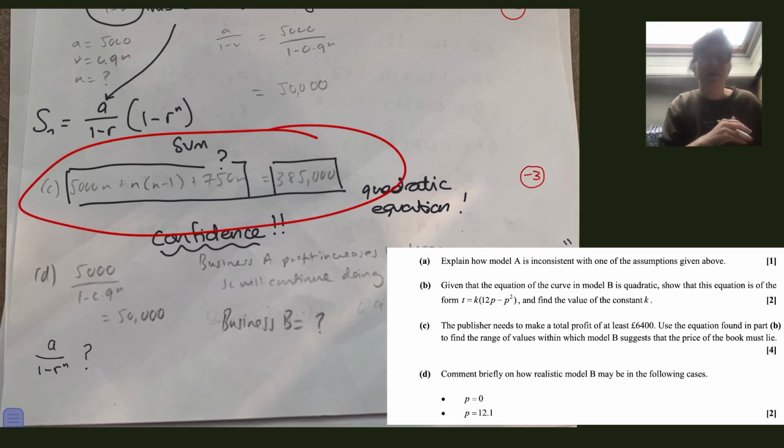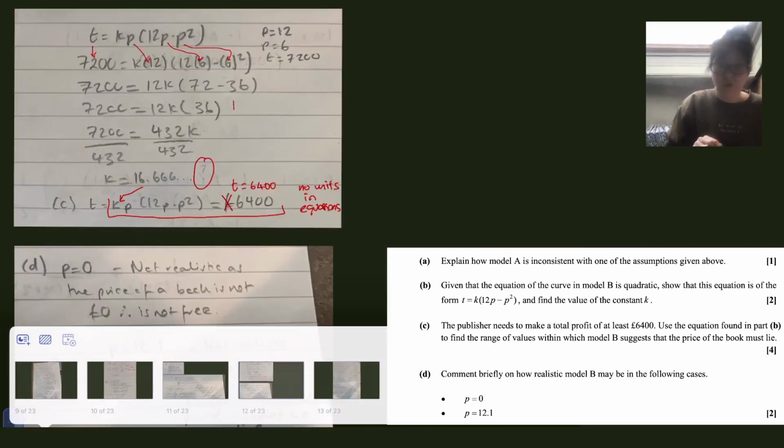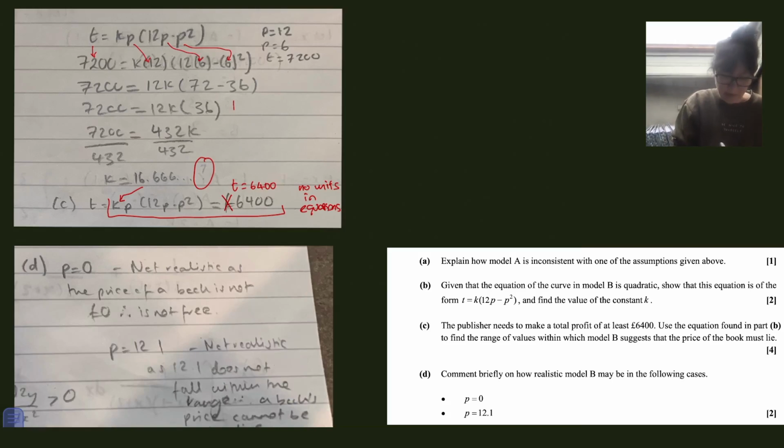Now, even if something had gone wrong before, if you'd just solved the quadratic, using the quadratic formula even, you would have picked up method marks there, possibly even 2, probably 2, because you'd get a method mark for putting the equation together properly, and then a method mark for solving it. So of these 3 marks that were dropped, I think the exact same 3 marks are going to be dropped here, which is confidence.